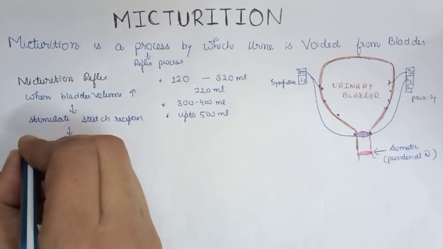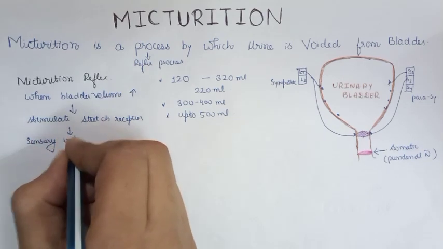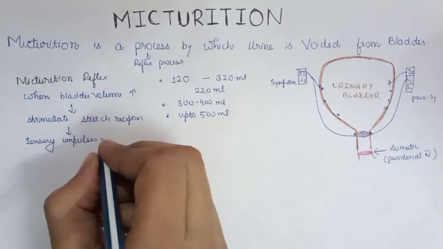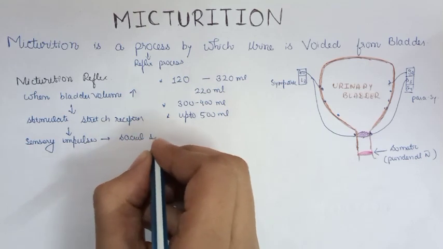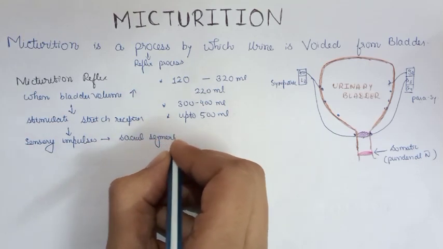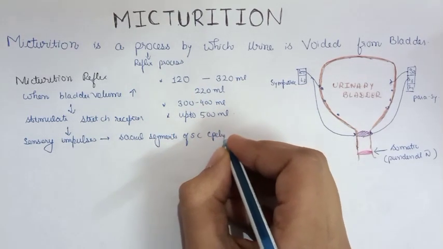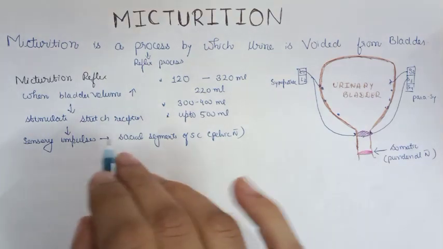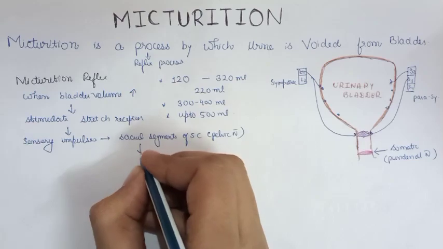The sensory impulses from these stretch receptors go to the sacral segments of the spinal cord. Via which nerve? Via the pelvic nerve.